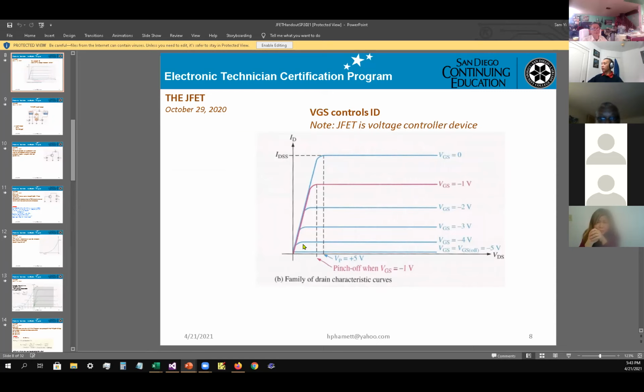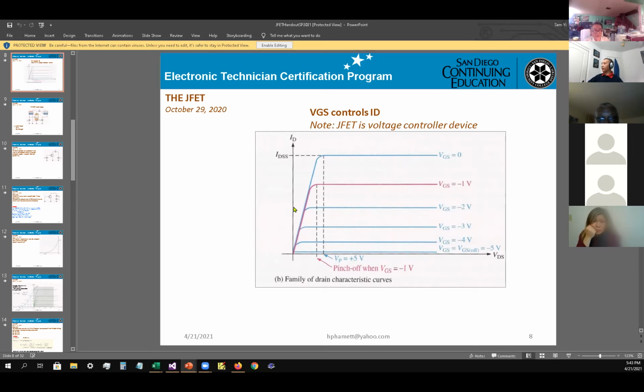Now if you go to VGS of -2, you can pick any point on that curve, and VGS can be changing.